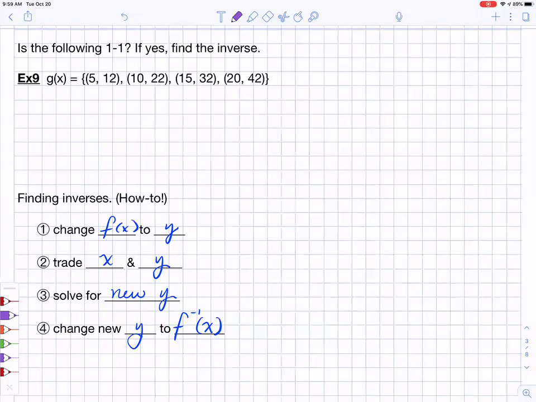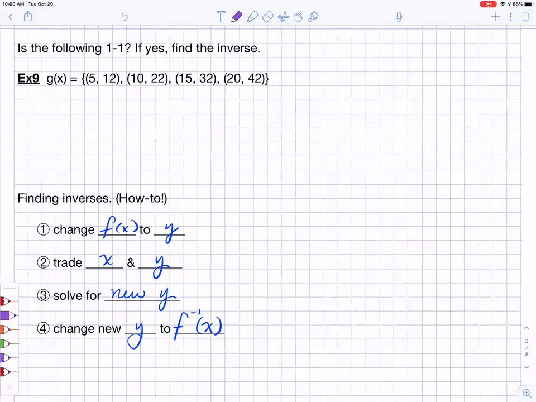Can you guys remember, how did we test for a function if all I had was a list of coordinates? Say it again, Sierra. Yeah, okay, so Sierra said it. I don't know if you heard her or not, Rebecca. But basically, if I'm testing a group of coordinates to see whether or not that group of coordinates is a function, I can't have x repeats.